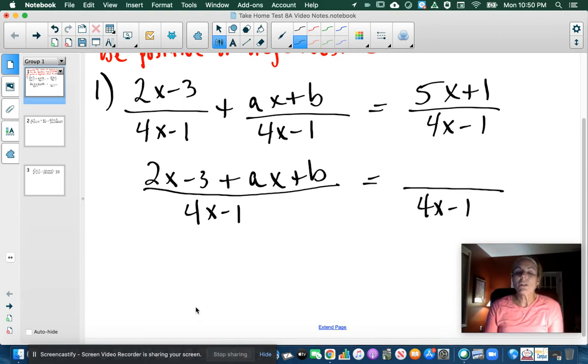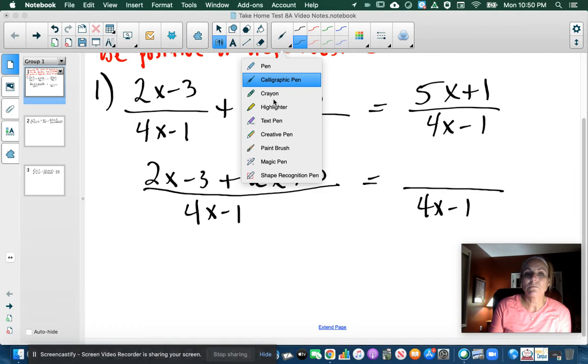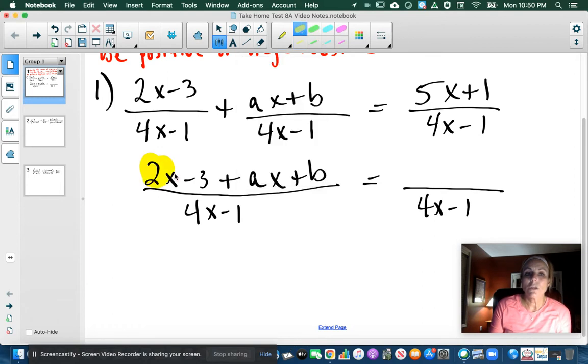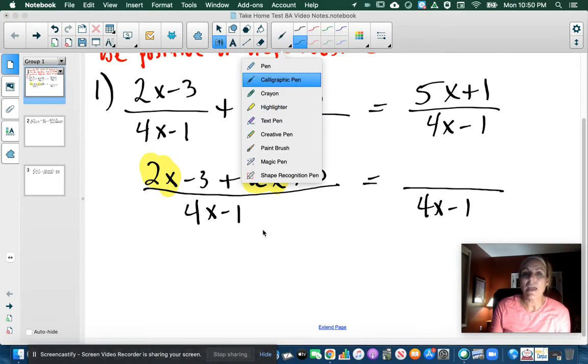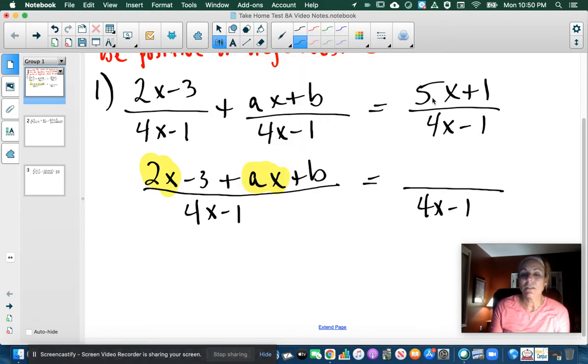So now we're going to ask ourselves, when we combine like terms here, I'm going to highlight something. We're going to be adding the 2x and the ax together to get 5x. So really the question is, 2 plus what equals 5? Well, that would be 3.